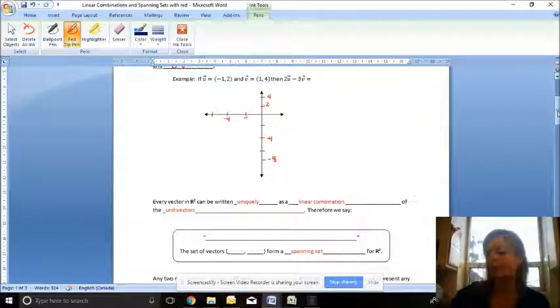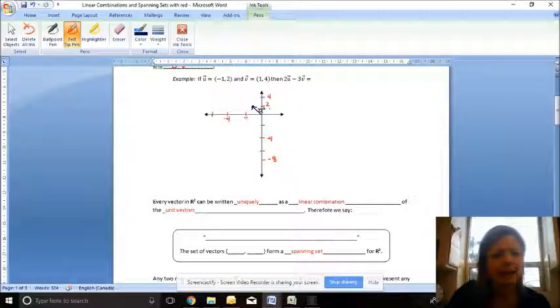So for example, you can see my scale here. If you have u as -1, 2, okay, there is u. And v as 1, 4. Okay, what would 2u minus 3v be then?